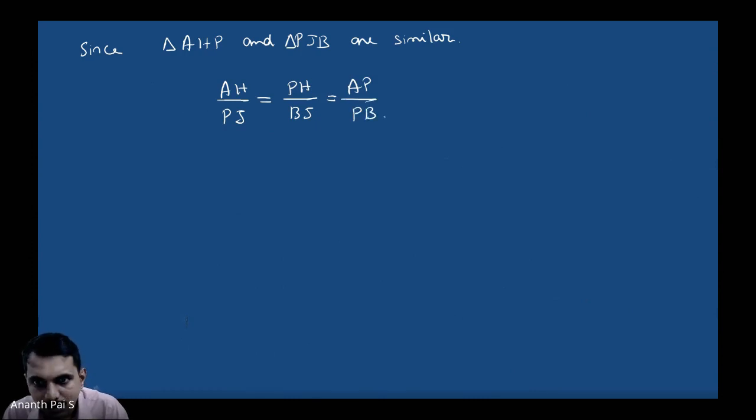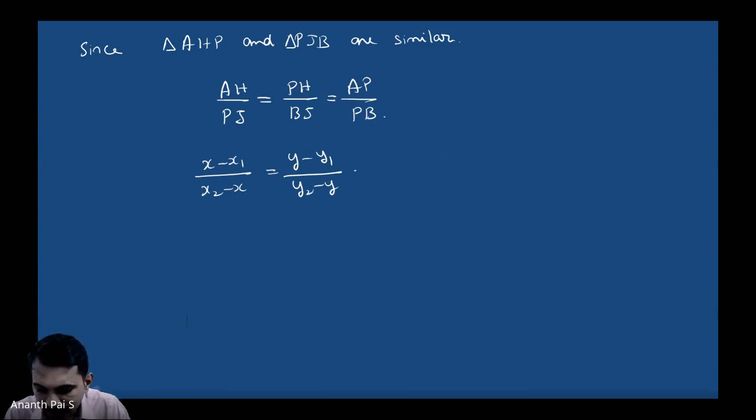Make sense? What is AH? AH is x minus x1 divided by x2 minus x, is equal to y minus y1 divided by y2 minus y, is equal to AP by PB, that is m by n.